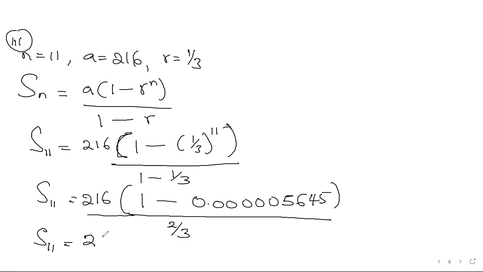So let me just approximate that, then divide by 2 over 3. So that will be 216 times 3 over 2, which is 216 over 2 times 3. So that will give you 324. So it's approximately that.